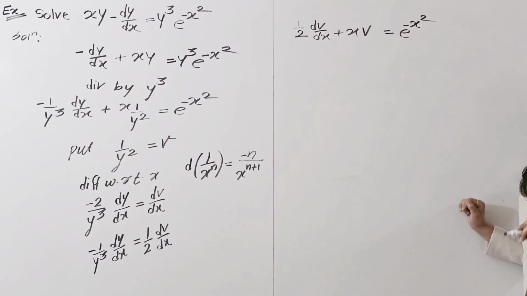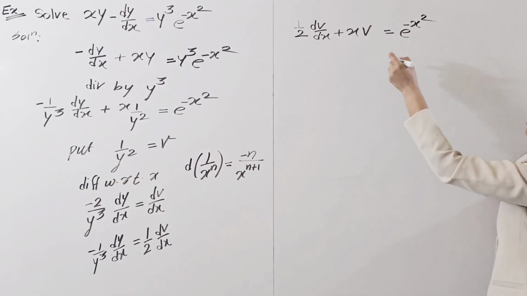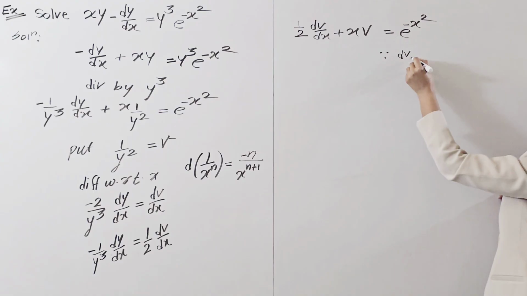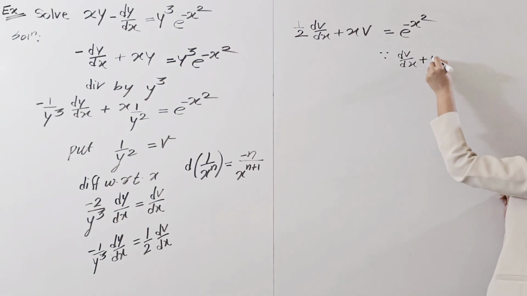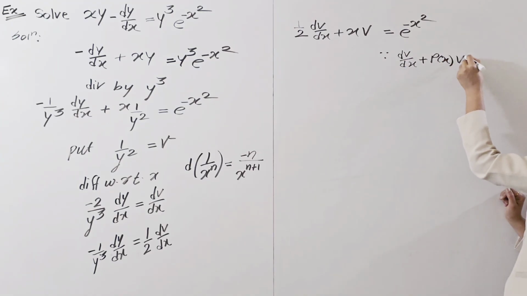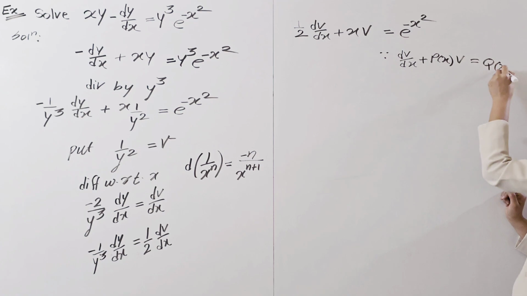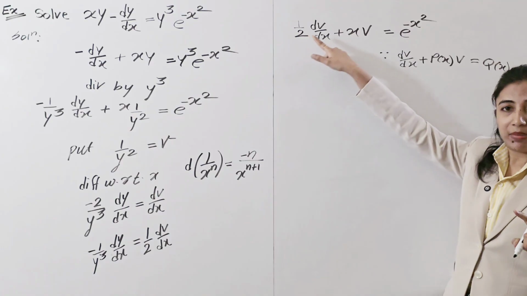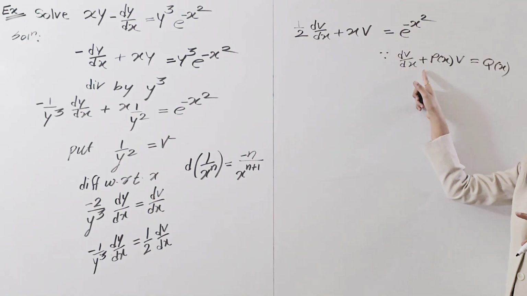And we know that the standard form of the linear differential equation in terms of v is dv by dx plus p of x into v equal to q of x. That means the first term contains only dv by dx. So multiply throughout by 2 to get this form.